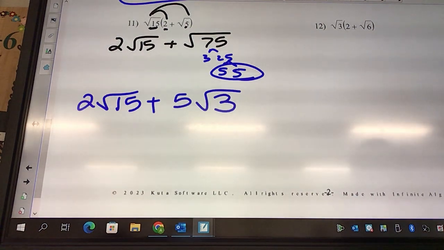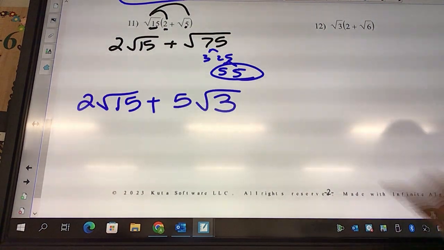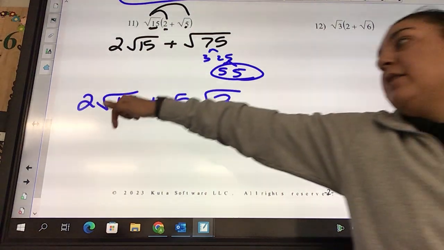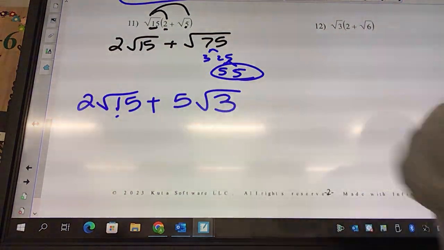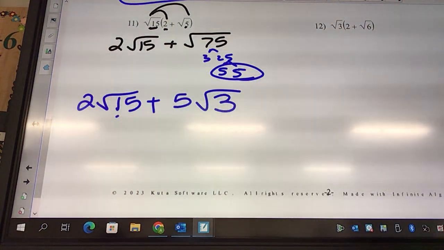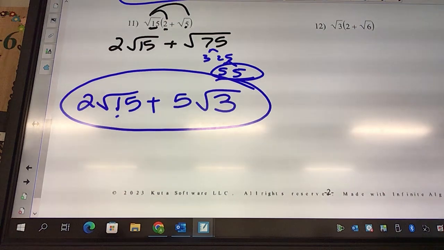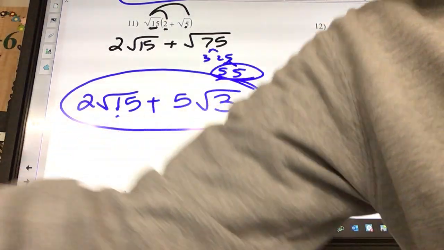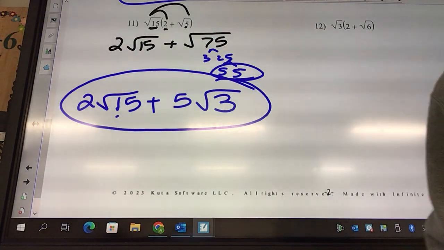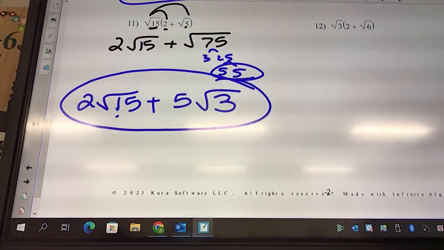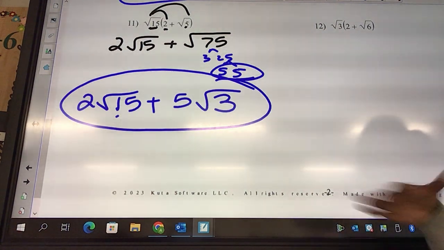No, why not? Okay, one has a 3 on the inside and one has a 15. They either both need to have a 15 or they both need to have a 3. So this is our answer. We cannot combine it any further. Okay, most of these should go pretty fast once you get the hang of it.